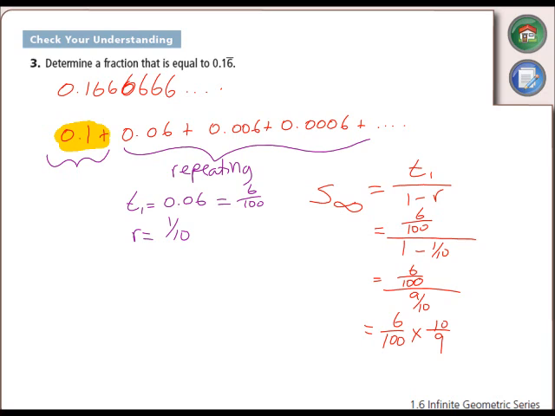Divide before multiplying. What I mean there is we've got a 10 and a 100. I can divide both of those by 10. That's 1, and that's 10. The 6 and the 9, I can take that to lowest terms. 6 and 9, I can divide each of them by 3. That gives me a 2, and that gives me a 3. The 2 and the 10, I could take that down to lower terms.